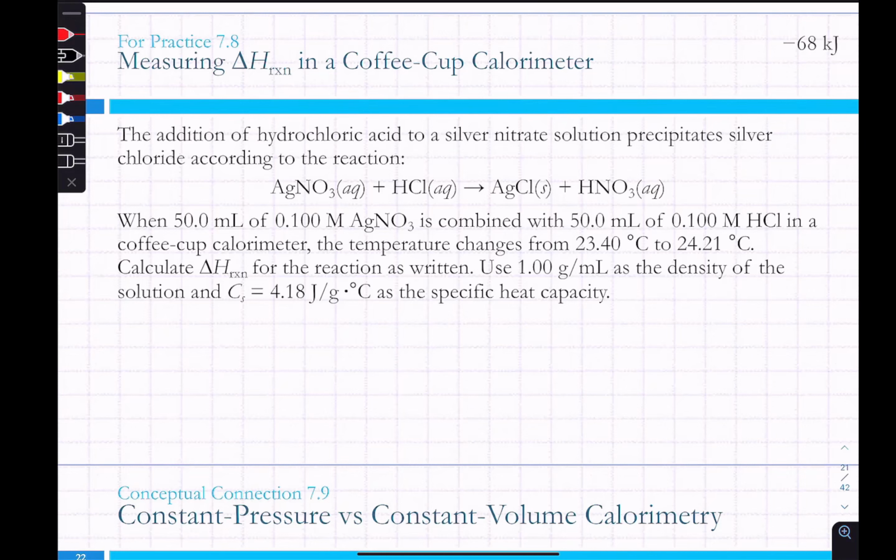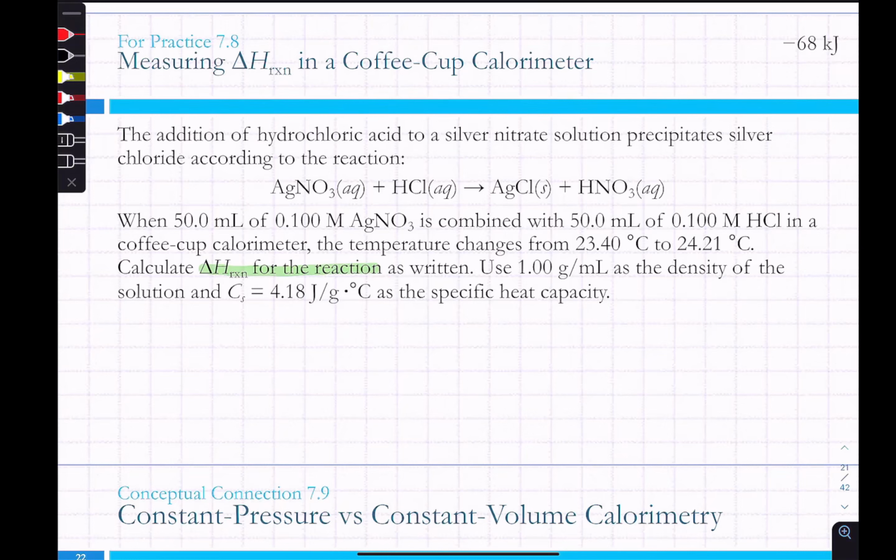So it specifically asks for delta H of the reaction. What are the units of delta H of the reaction? Delta H of the reaction does not have grams. Joules or kilojoules per mole.